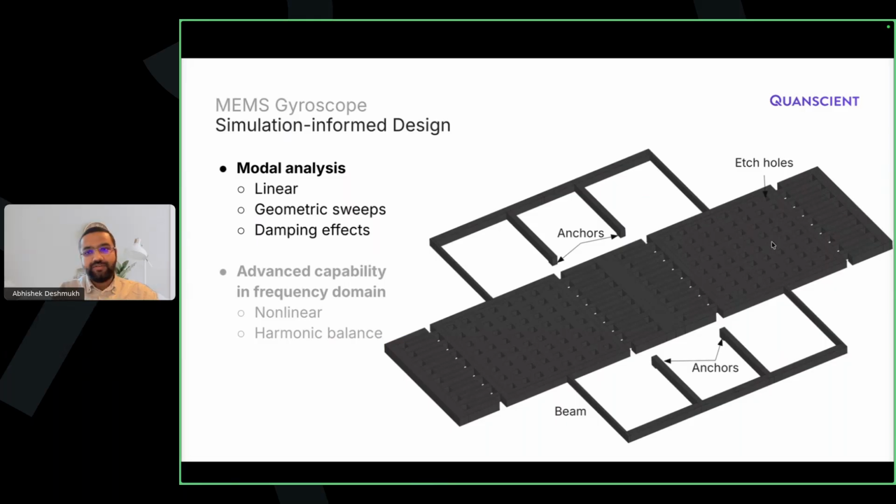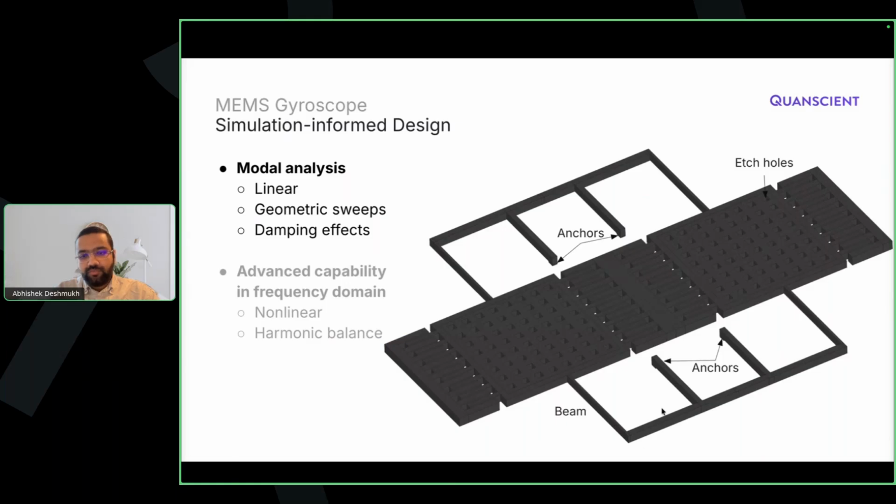Thanks. Yeah, please feel free to interrupt, and I'm happy to answer any questions whenever you have one. So this is the typical design, now zoomed in, trying to show all the important elements here.